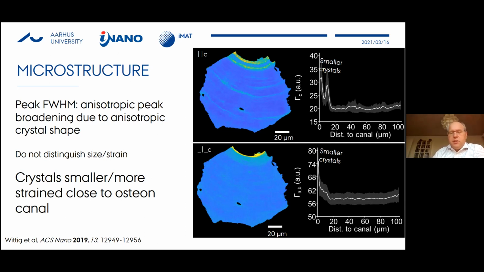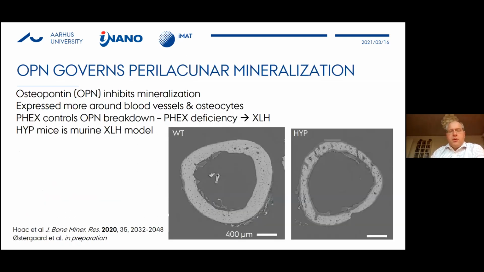So how can this be? Why are the mineral crystals smaller close to the osteon canal? Well, one theory could be that this has to do with the biomineralization mechanisms. So when bone is formed, there's a set of proteins that help control the mineralization process. And one of these is osteopontin.